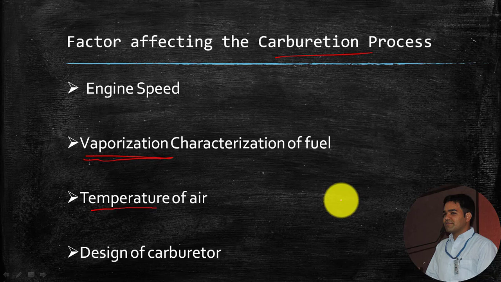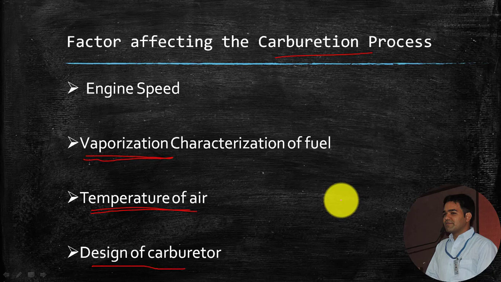The temperature of air. As I said, vaporization of fuel particles before they enter the cylinder is compulsory, and this vaporization takes place due to the energy possessed by the air particles throughout this carburation process. If the temperature of air is higher, the vaporization will be faster.